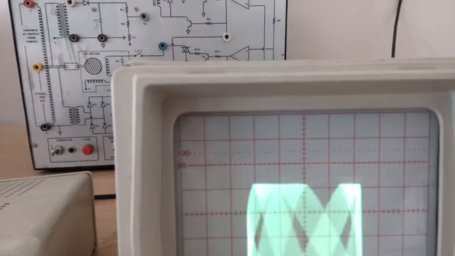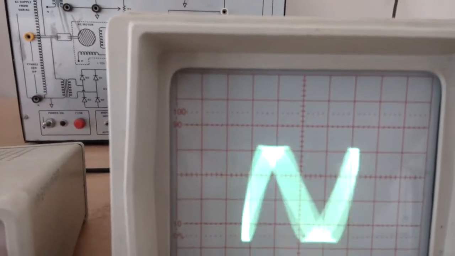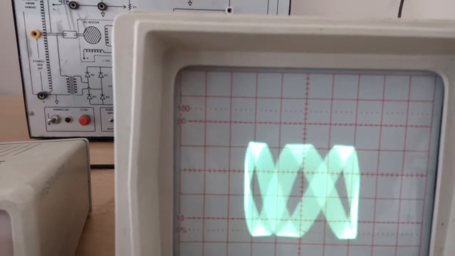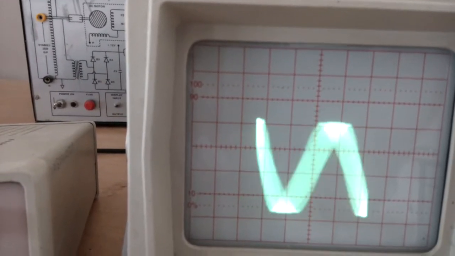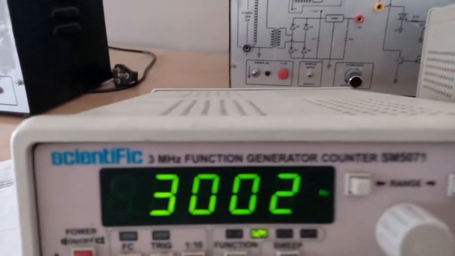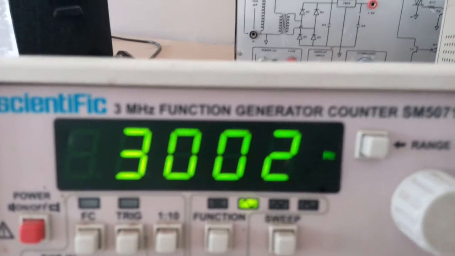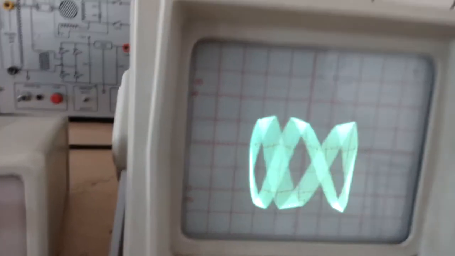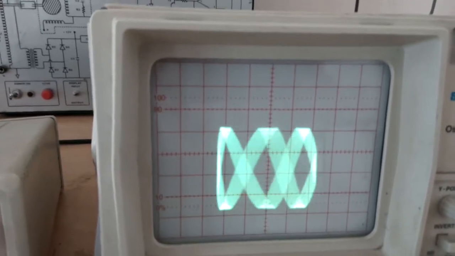So we get Fy upon Fx equal to 3 upon 1, and then Fy will be 3 upon 1 into 1000. So we get the unknown frequency, that is the vertical frequency, as 3000, which we can verify from the signal generator. So we have found the unknown frequency equal to 3000.